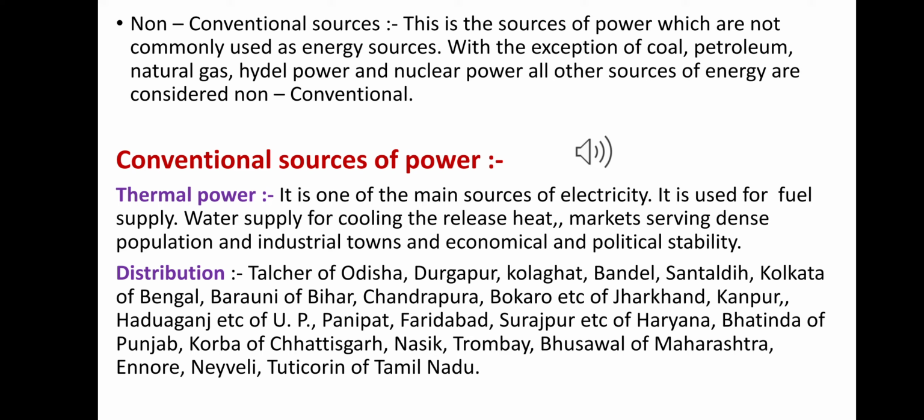Thermal power plants vary as they use different fuel sources like coal, petroleum, naphtha, natural gas, etc. Okay, thermal power is supplied to high voltage power lines both for domestic use and for industrial uses.